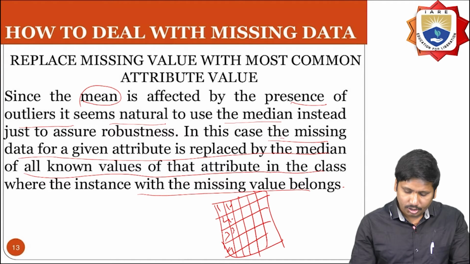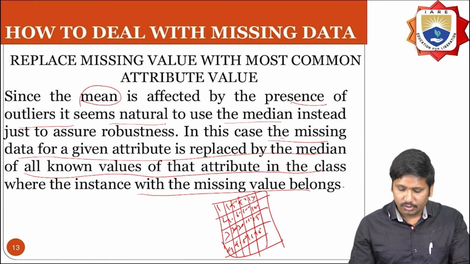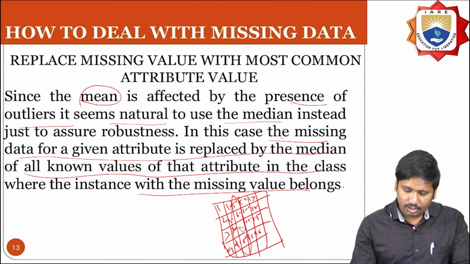Some values: 10, 20, 30, 40, 50, 60, 70, 80, 90, 100, 110, 120, 130, 140, 150, and 160, like this we're having. So previously, I was going to calculate the mean value of this, and if the data is missing here, this one is going to be filled.